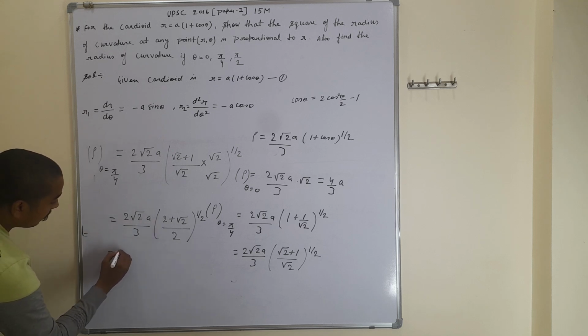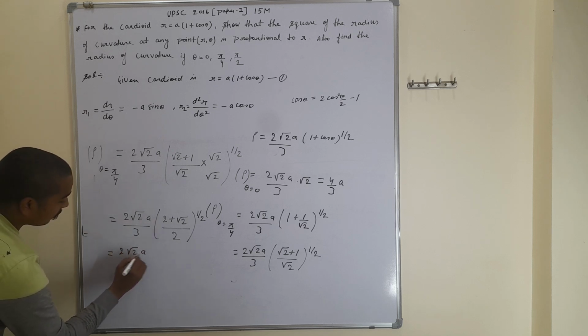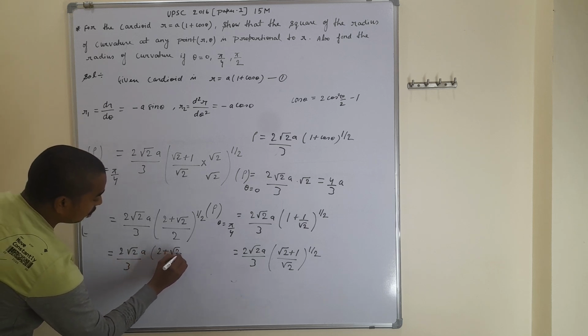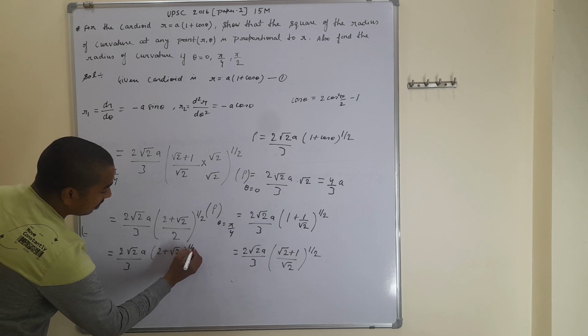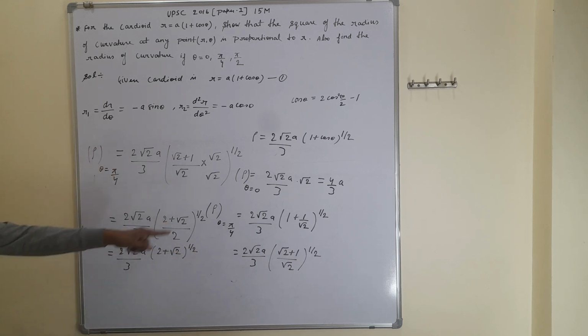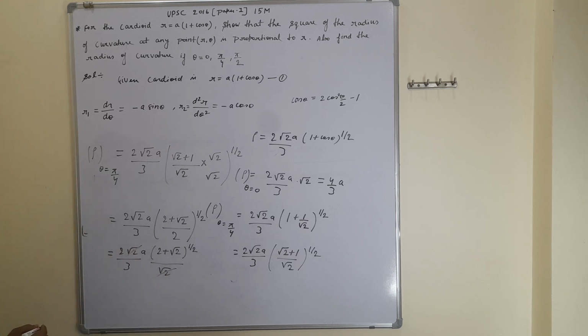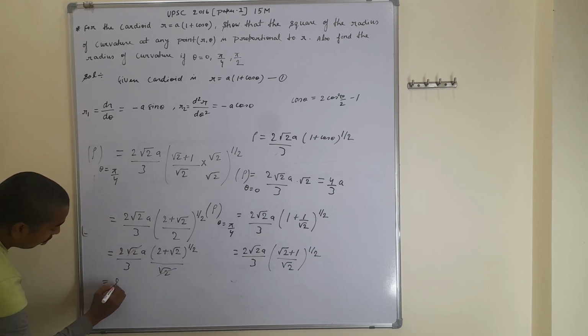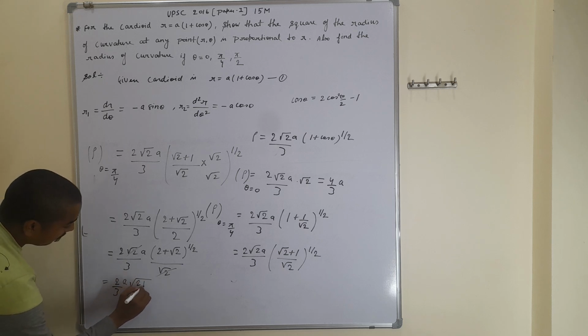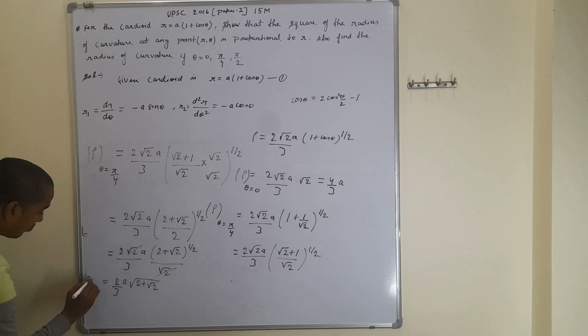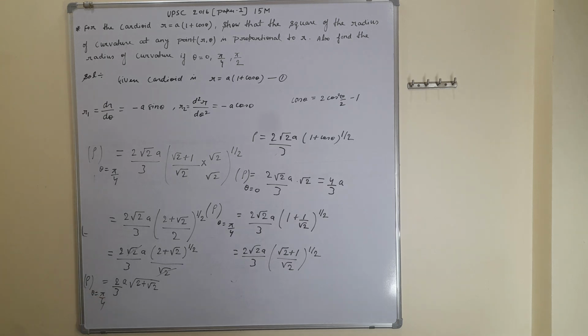From here that is 2 root 2 into a upon 3 into 2 plus root 2 whole power 1 by 2, and root 2 and root 2 cancel out, remaining is 2 by 3 a under root 2 plus root 2. This is the value of radius of curvature at theta is equal to pi by 4.